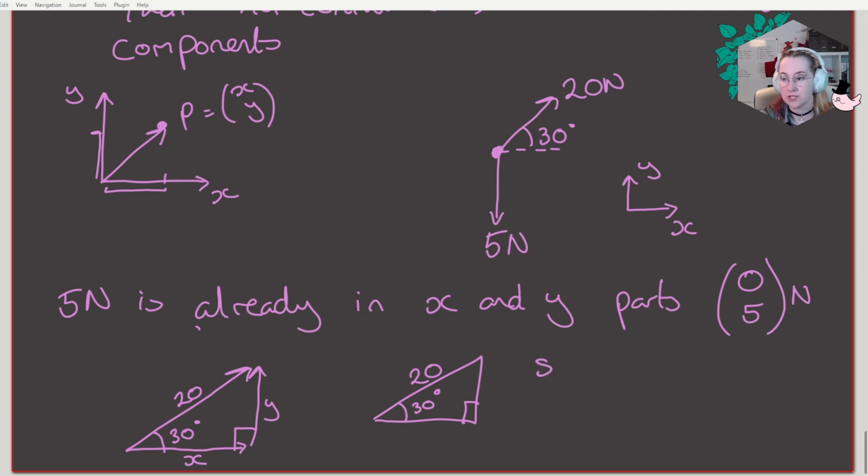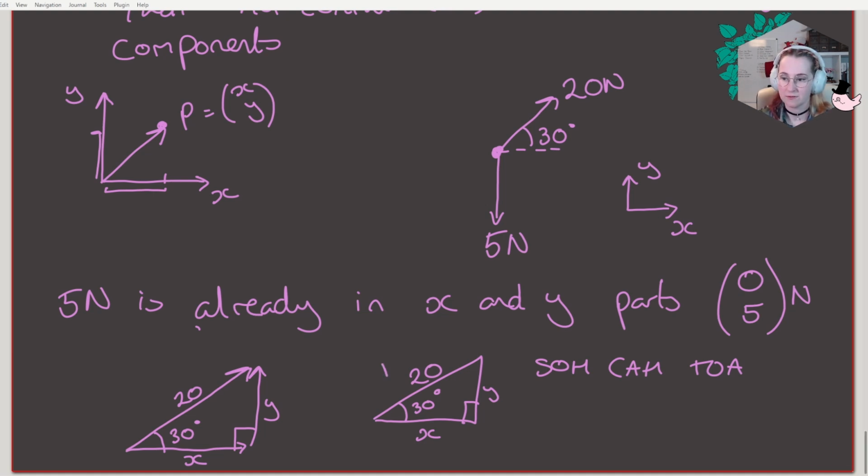So we use SOHCAHTOA to figure it out. If you haven't seen this before, these are saying that sine of an angle is the opposite of the angle over the hypotenuse, cos of the angle is the adjacent over the hypotenuse, and tan is opposite over adjacent.